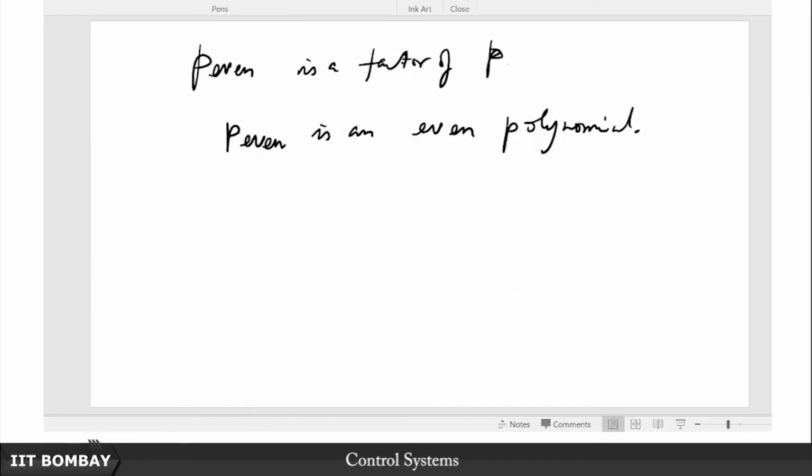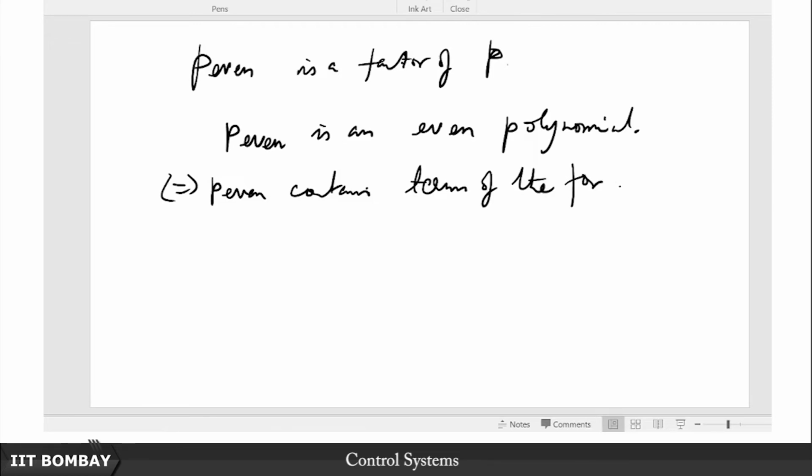What I mean is that p even contains terms of the form s to the 2k only, for k belonging to the set of positive integers and 0. So basically, p even is an even polynomial.